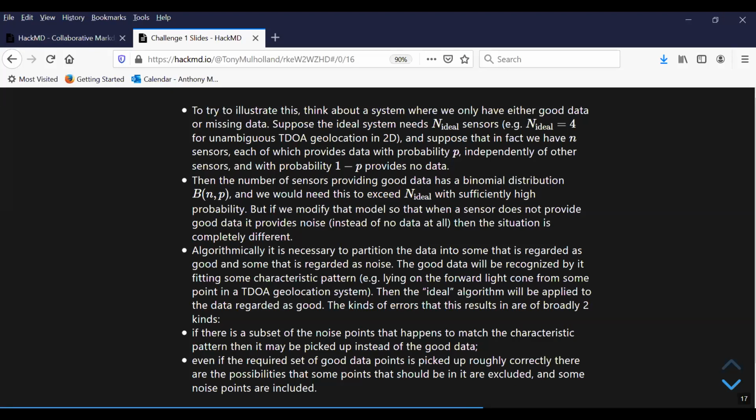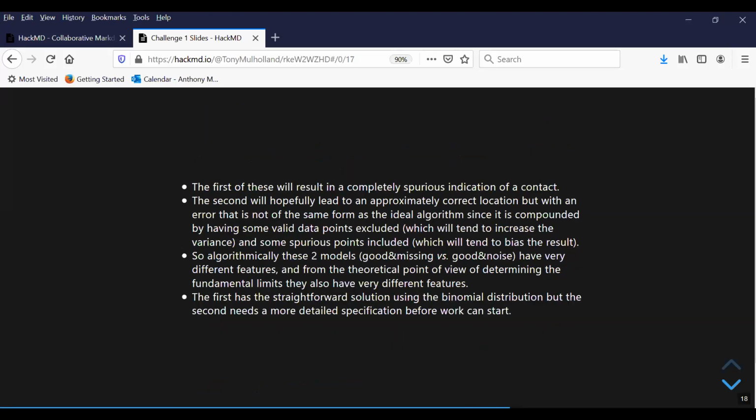But if the bad sensors, with probability 1 minus p, instead of providing no data, provide noise data derived from some unknown distribution, then there are all kinds of errors that will arise. I think for time, perhaps we better go on to the next slide and the next one.